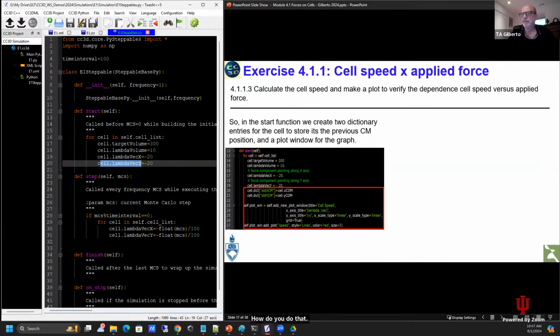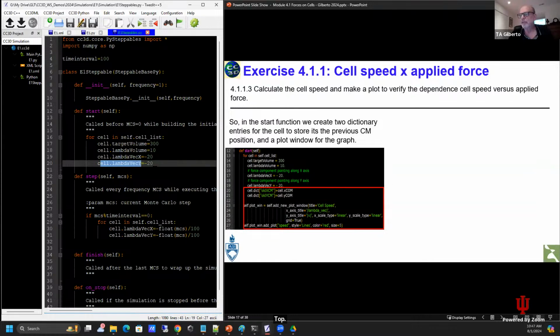Again, I will continue in the same simulation, okay? Again, you can find the simulation in exercise 4113.zip in the student's material. So here it goes.